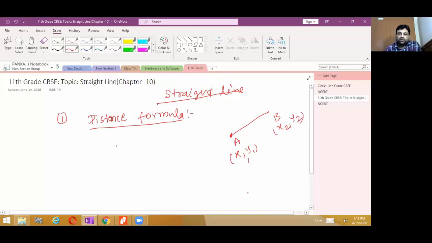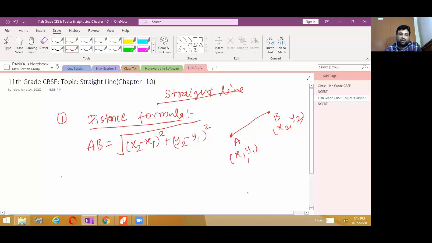Got it? So if I want to find the distance between these 2 points AB, then AB is equal to, as we have learned, square root of (x2 minus x1) whole square plus (y2 minus y1) whole square. I think everybody knows this formula. We know it by the name distance formula.